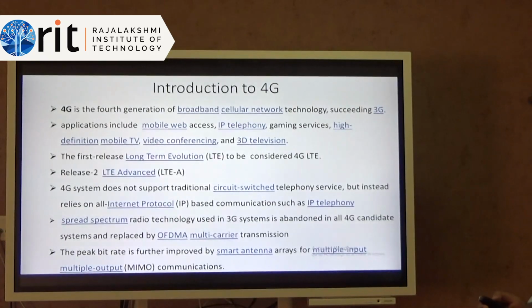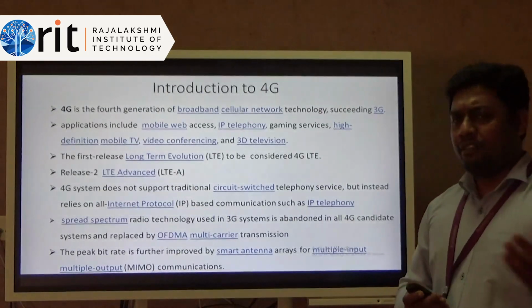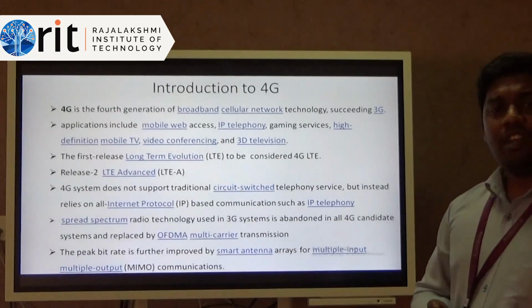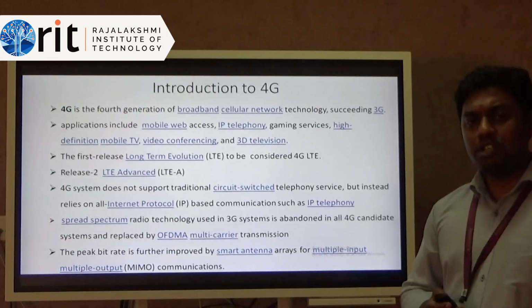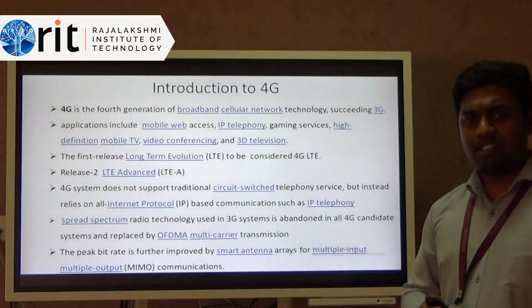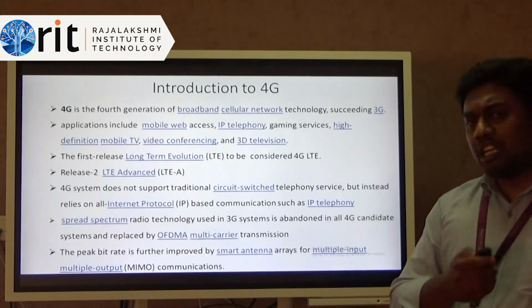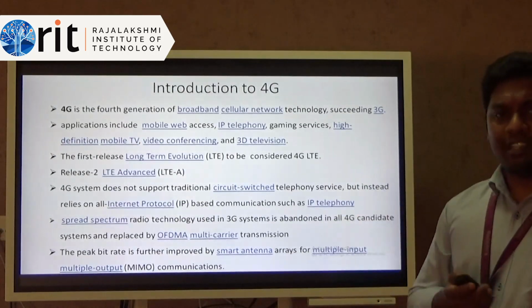For 4G, we use a frequency band different from 3G. For 3G, we use nearly 1800 megahertz to 2100 megahertz frequency band, and for 4G it is nearly 2.4 to 5 gigahertz.